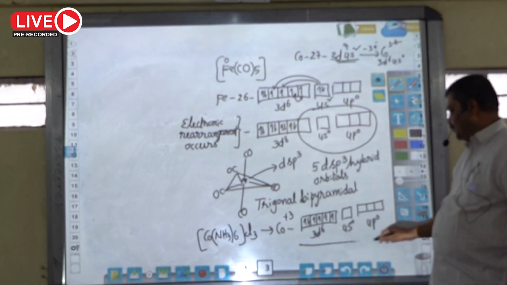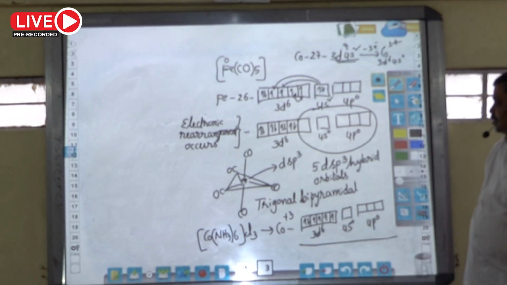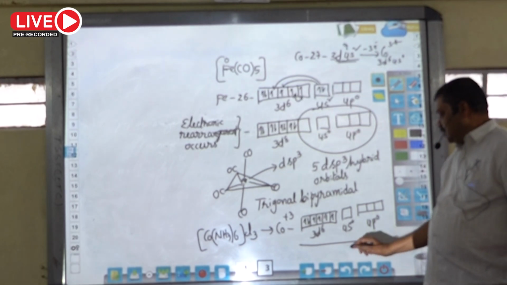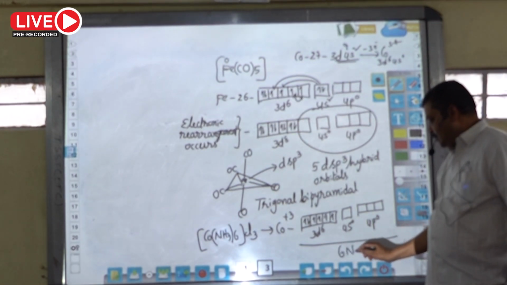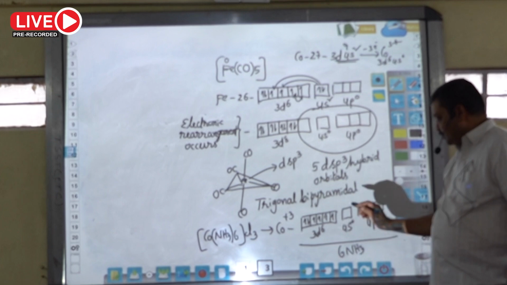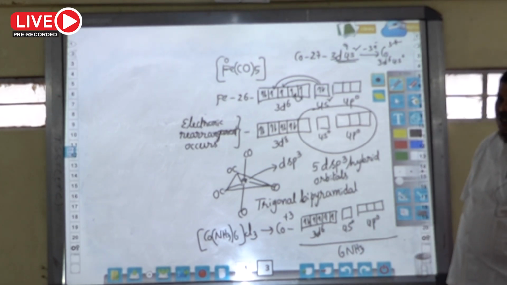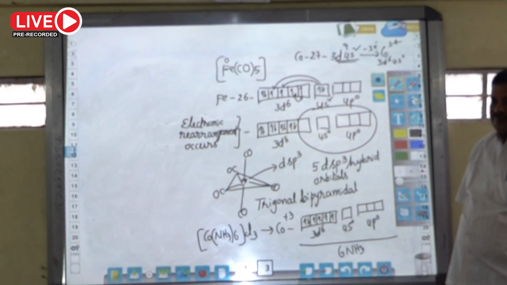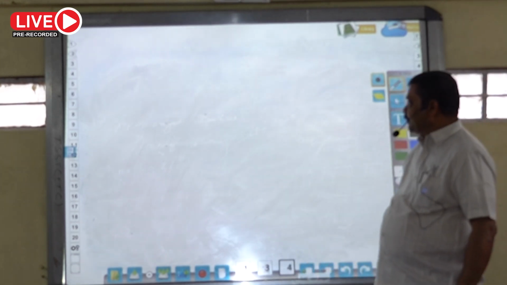Here, as I wrote, how many ammonia molecules are approaching the cobalt 3+ ion? 6 ammonia molecules. They approach the cobalt 3+ ion. Then cobalt 3+ ion must provide 6 vacant orbitals for bonding.